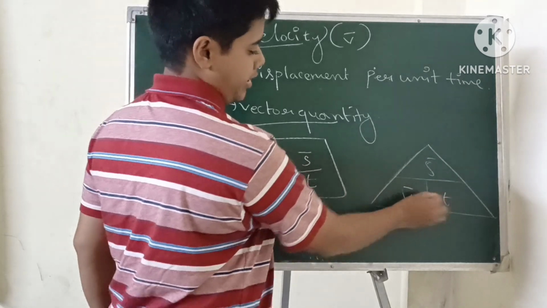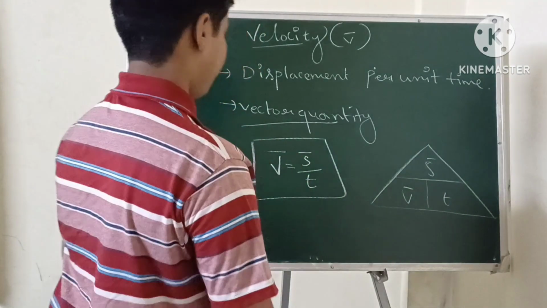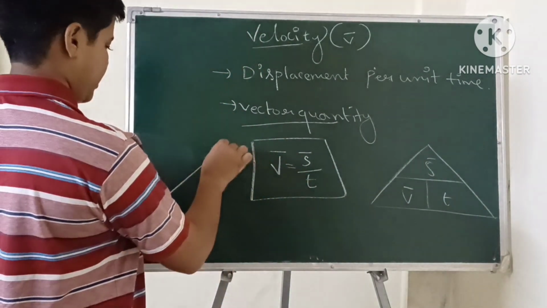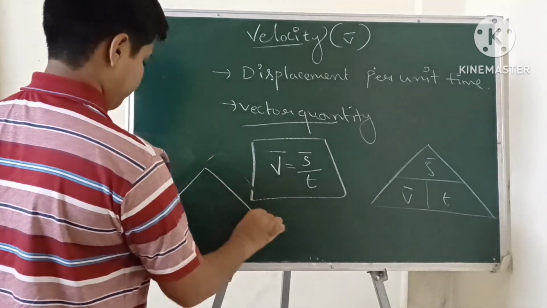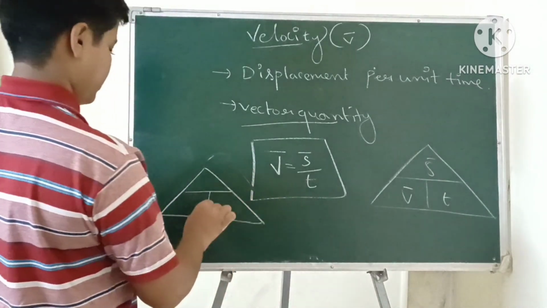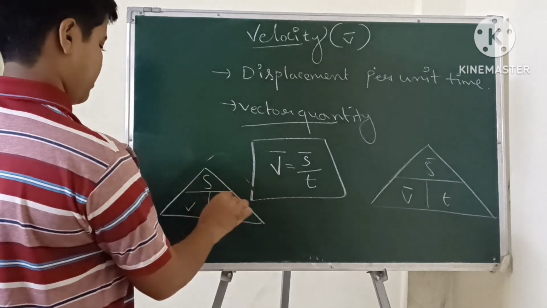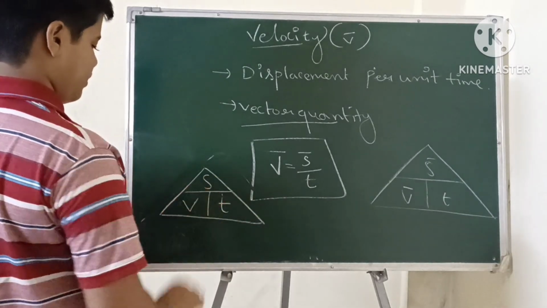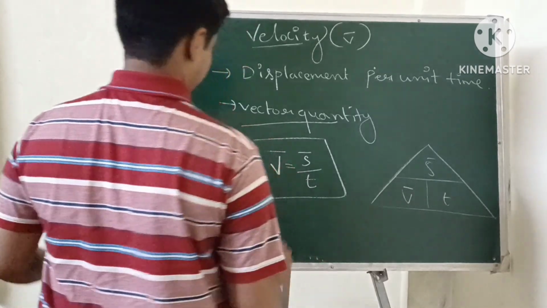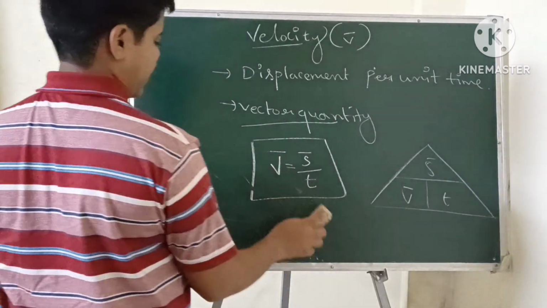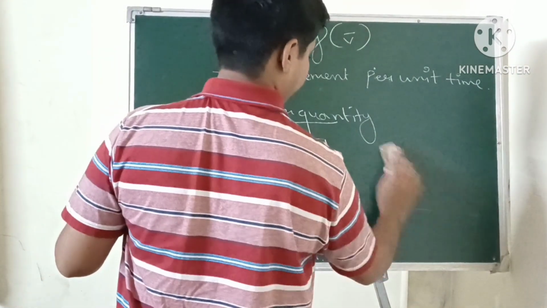Displacement means velocity into time. We can represent speed also like this only. Speed, distance, time. Okay. So this is the mathematical formula of velocity.